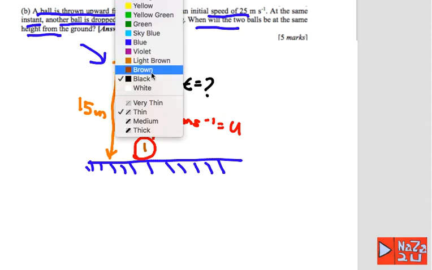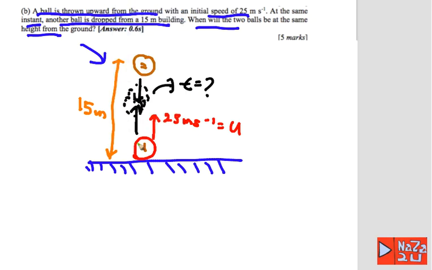First, you can consider the distance here. Let's say I draw this as S1, from the ground surface to the point where ball 2 meets ball 1. So for S1, you can use the equation ut minus half gt squared.